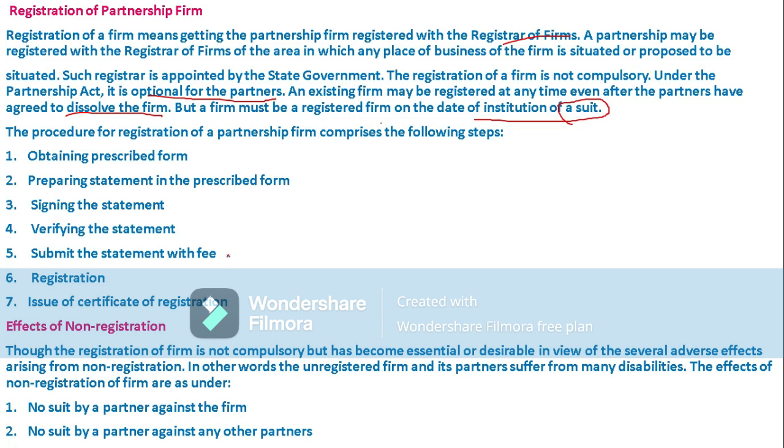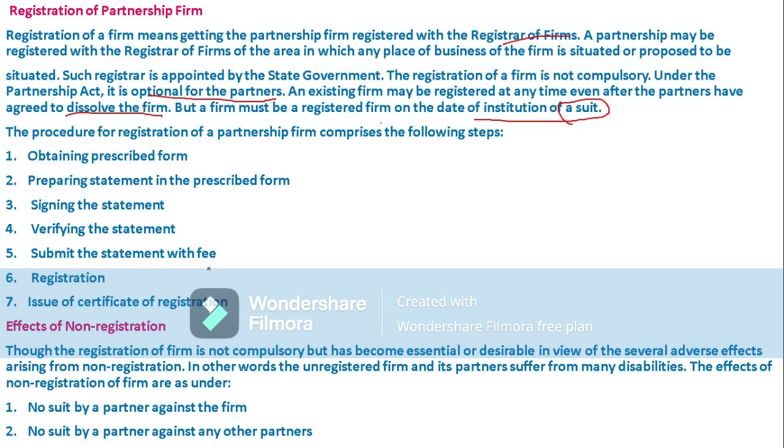If there are any ownership documents regarding the place, or if the business is being established on a rental basis or in a lease agreement, then that lease agreement should be produced. So all these should be verified in the verification stage, verifying the statement.